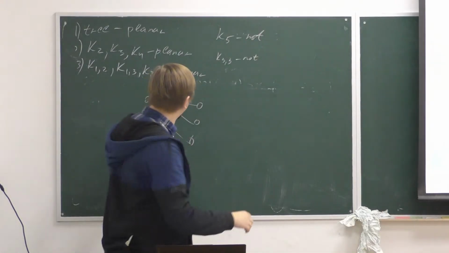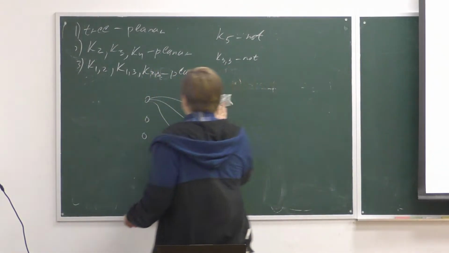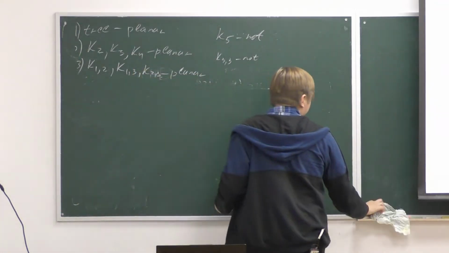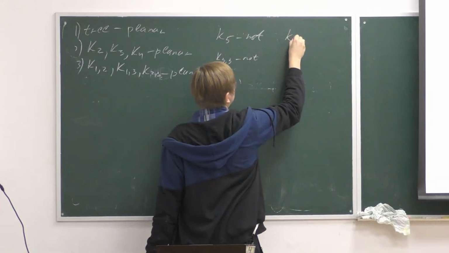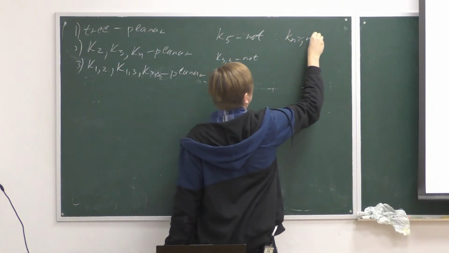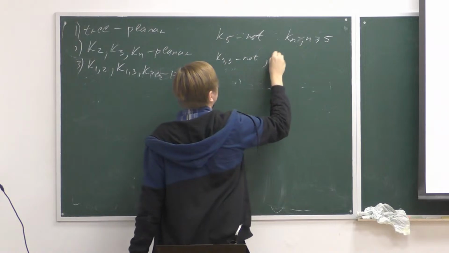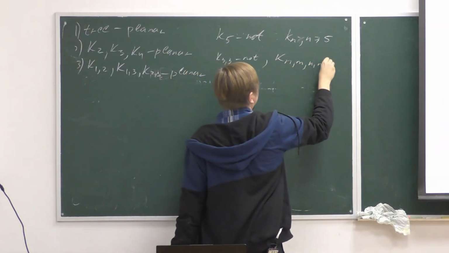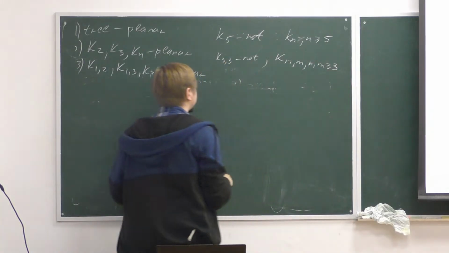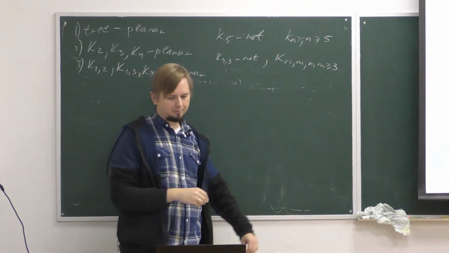So let's prove some of these facts. For example, for the graph K5, and also you can consider K(m,n) with m over 5 and K(m,n) with m over 3. Also not planar.